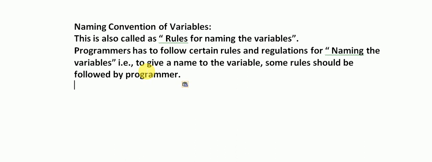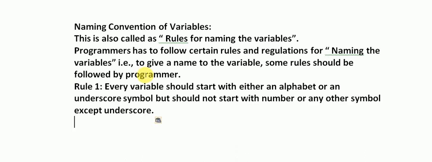Some rules should be followed by a programmer. So here we have rule 1. Every variable should start with either an alphabet or an underscore symbol, but should not start with a number or any other symbol except underscore.